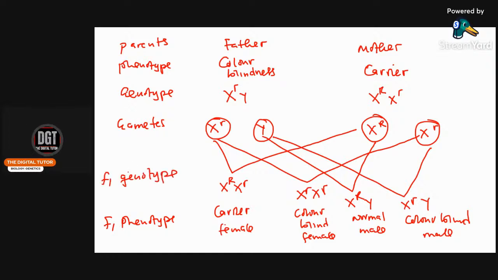F is capital letter, please. So F1. Now this is the fertilization. You can put fertilization here. So that is how you draw the diagram.